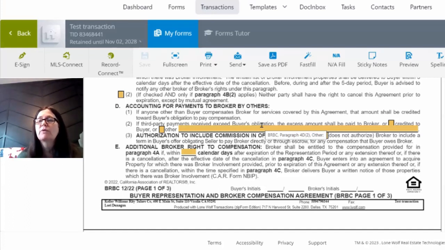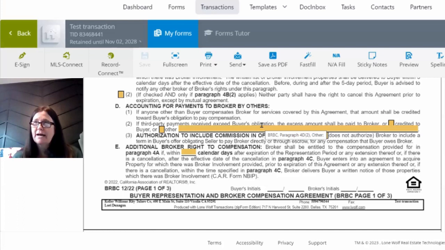Or we could just do away with the 0.5%. We're willing to take whatever is being offered from the seller. If it's 0.5% less, that's fine. I'm still getting paid by the seller. It's all good. Buyer, you don't owe anything else. Or we could take what the seller's giving us and have the buyer pay us that extra 0.5%, right? So those are the options.